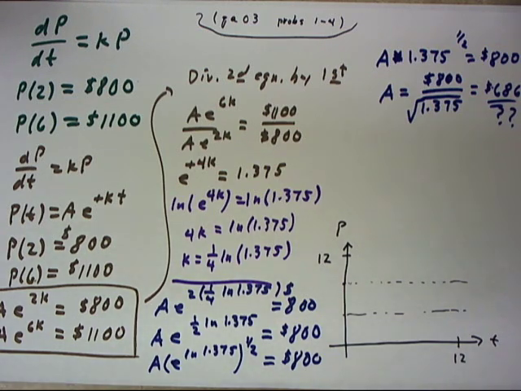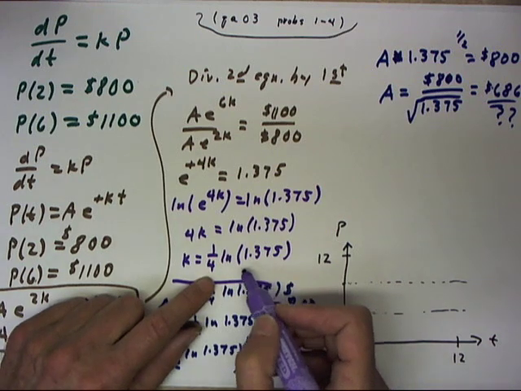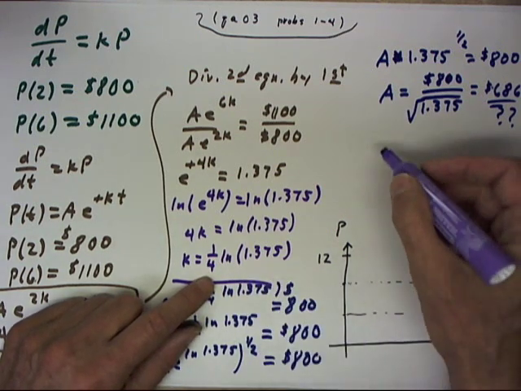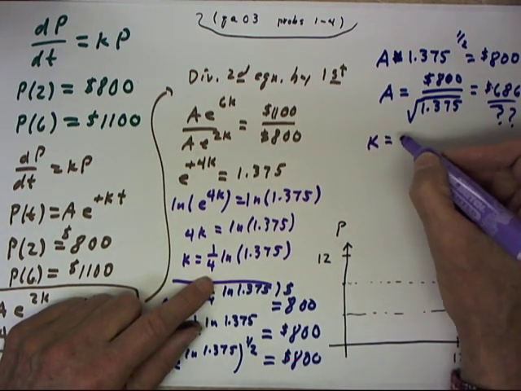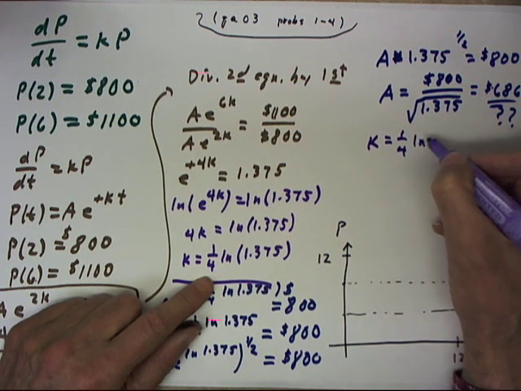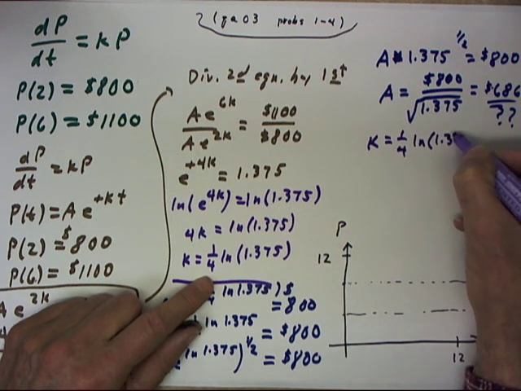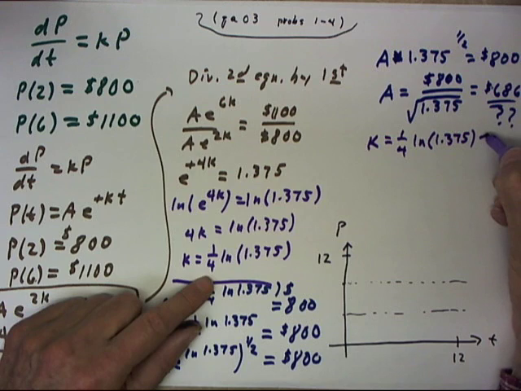And k is 1/4 the natural log of 1.375, and that's about 0.08.